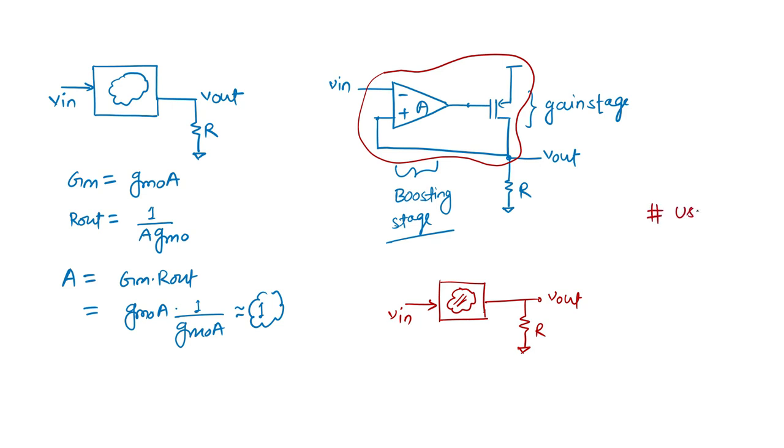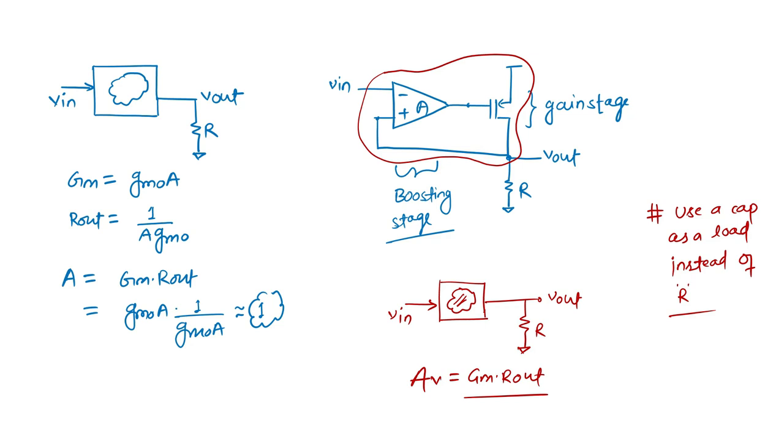I'll use a cap as a load instead of R, and we'll see the effect. The other way of calculation, the individual calculation that we have done for this structure, will again match the direct analysis of gain in this way, GM R out. So in the next video, we will see the calculation for the complete structure GM and complete structure R out, and accordingly we will proceed for the solution.